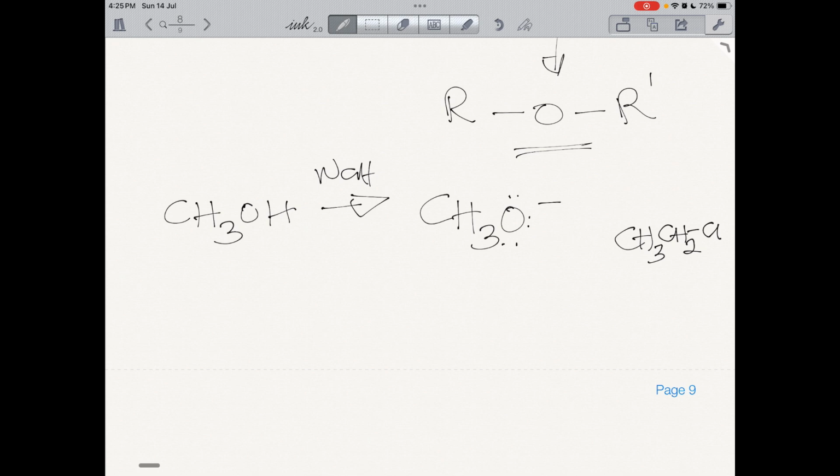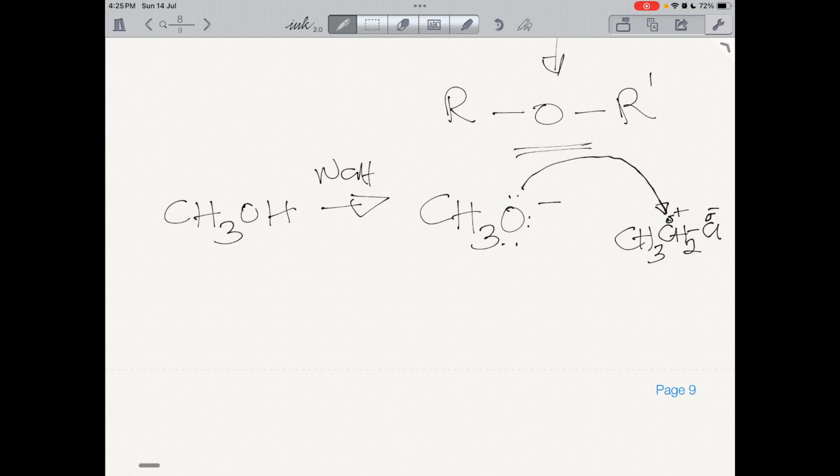What will happen is that you know this CH is already delta positive, since it's the one connected to Cl, and Cl is delta negative, right? So the methoxide will attack this positive carbon. Are you with me?